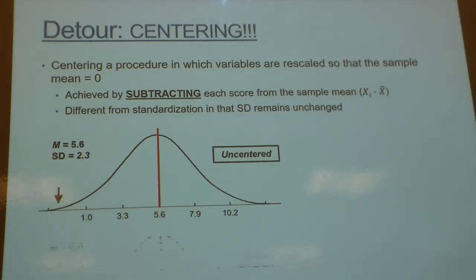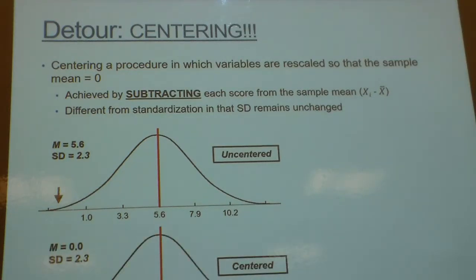What we do though, if we take every value in our set and say in SPSS, create a new variable called centered, whatever this is, equals the variable name minus 5.6, is we get the exact same distribution, but now everybody who was at 5.6 is now at 0.